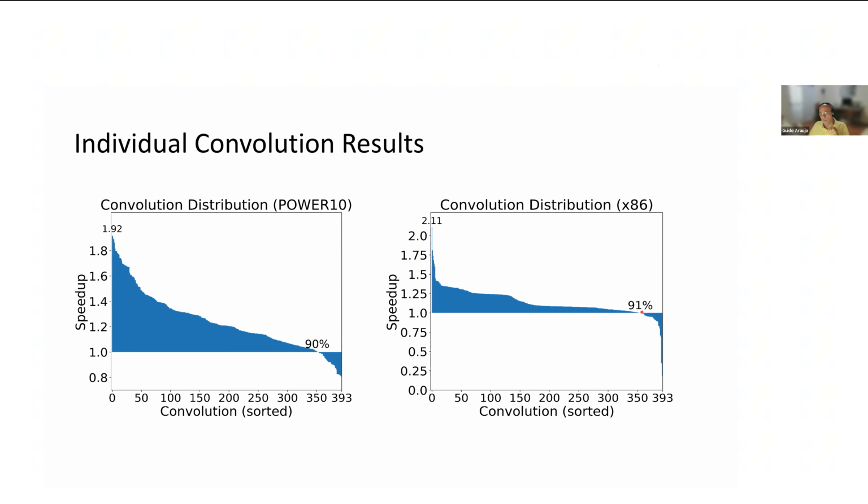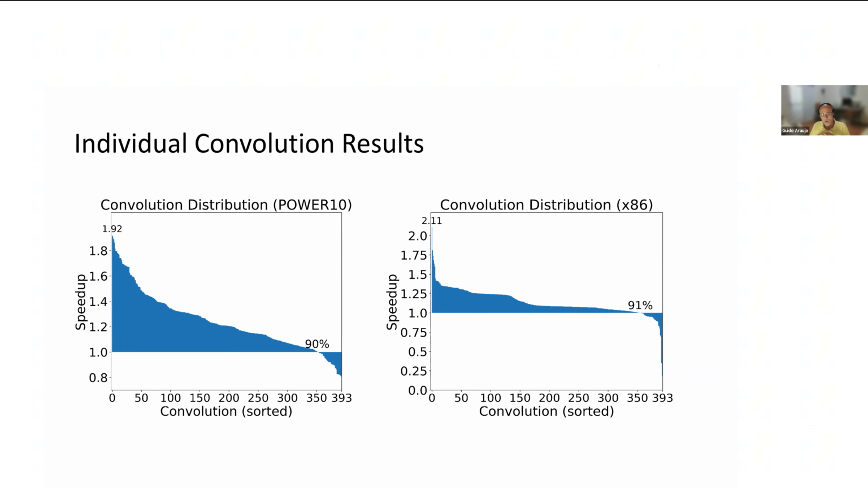Similar numbers are shown for the x86. In x86, we managed to speed up 91% of all convolutions on all those models. For this tail here, which corresponds to convolutions where Img2col BLAS produces a better result, we went deeper into it. We have papers on this, and I can send you papers if you want.